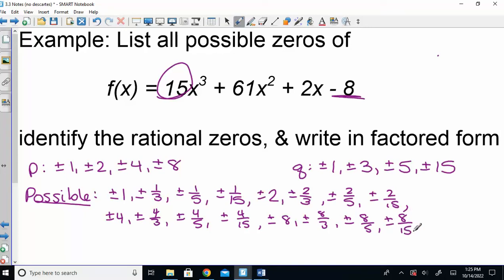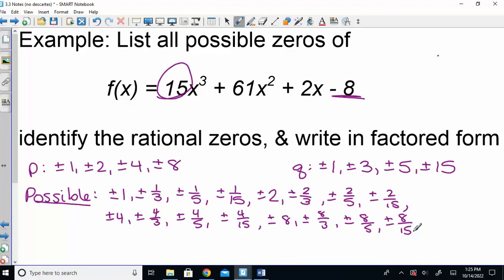I kind of did this one on purpose to show you how many possible zeros we can get. I just want you to recognize that with most of these problems, I'm picking pretty nice ones, so you have a very short list of possible zeros, but the list could easily be very long.